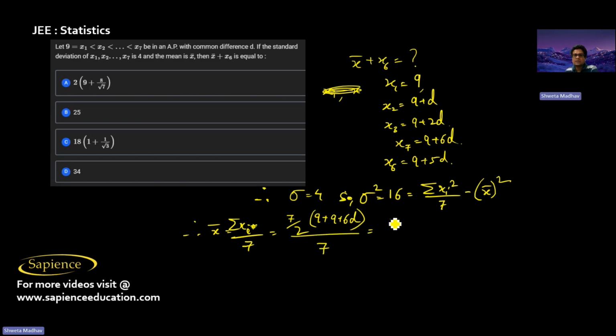So 7 and 7 get cancelled, and 2 nines are 18, so the mean is 9 plus 3d, which is actually x4. So the fourth term is the same as the mean. Standard deviation is 4, so sigma square is 16.